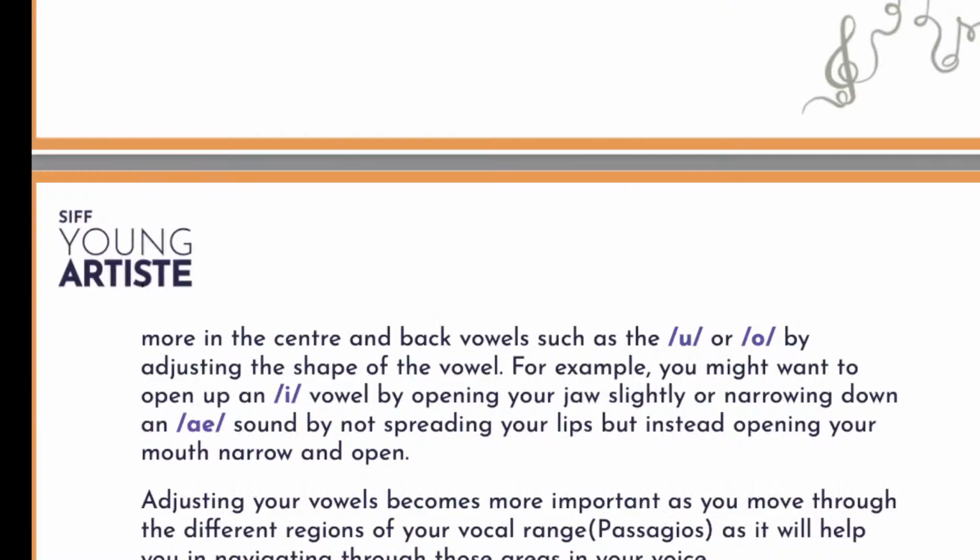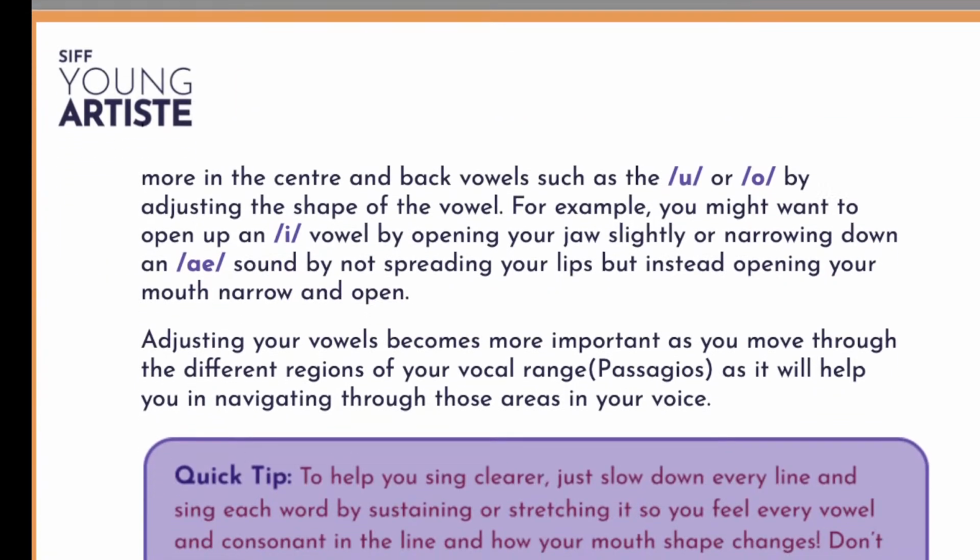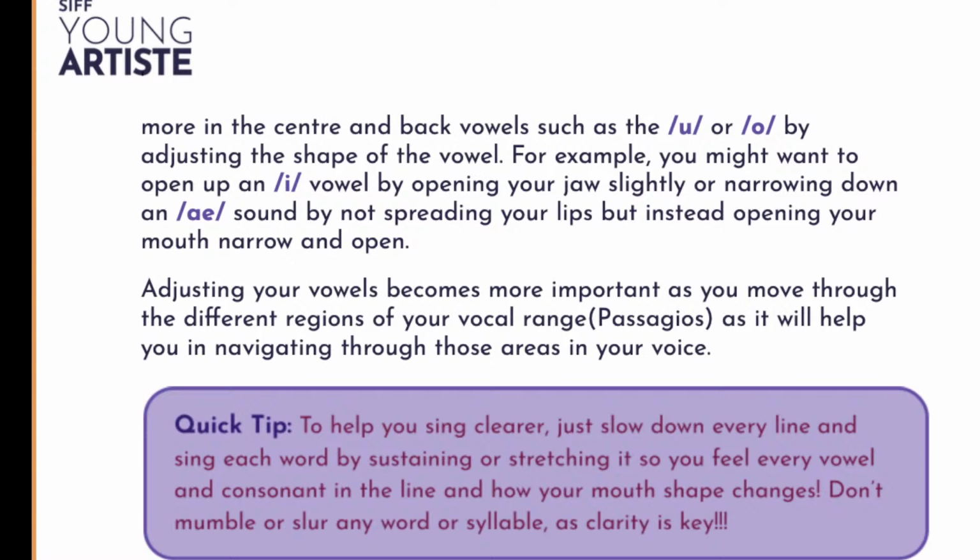So it's very important to understand how you are singing your vowels compared to your consonants. Okay, now adjusting your vowels becomes more important as you move through the different regions of your vocal range, which is passaggios. Basically, you will have your chest voice, and then you'll have more of your mixed voice, and then you'll have a complete head voice and your falsetto regions as well.